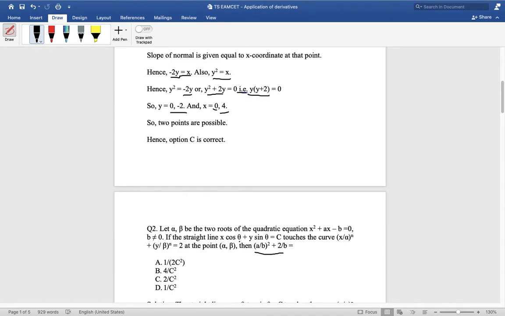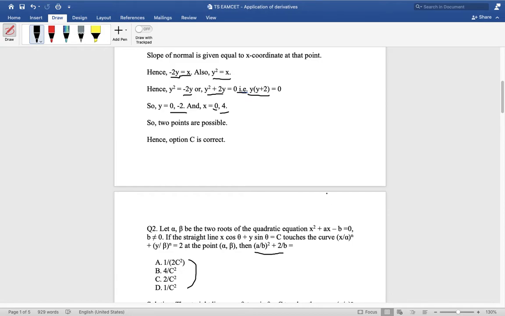If the straight line x cos theta plus y sin theta is equal to c touches the curve (x by alpha) raised to the power n plus (y by beta) raised to the power n is equal to 2 at the point alpha, beta, then what is the value of (a by b) whole square plus 2 by b in terms of c?